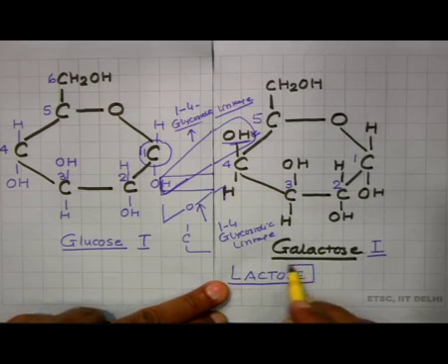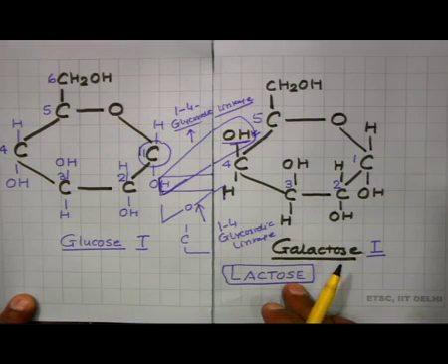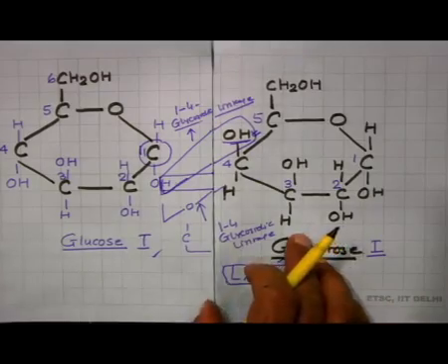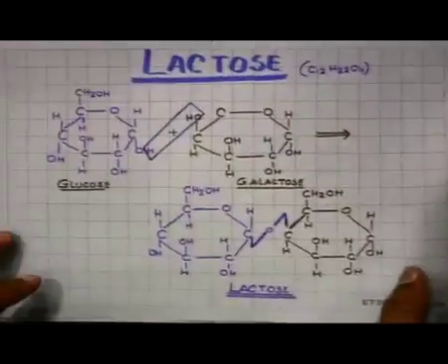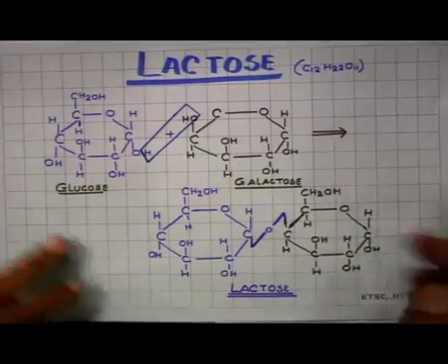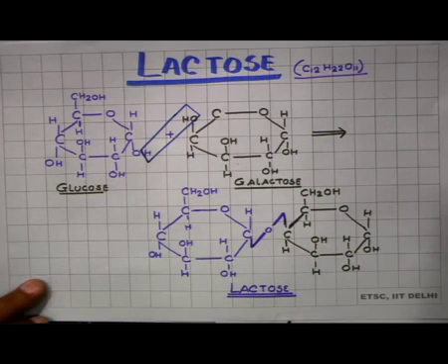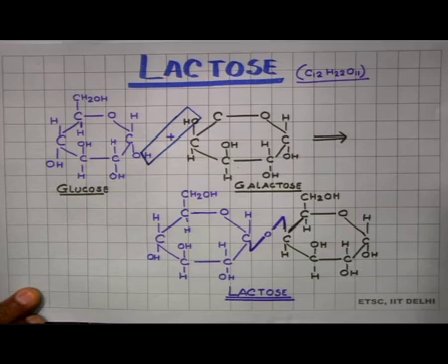At the time of hydrolysis of lactose, when water is added, this lactose is converted into glucose and galactose. So, you see the structure of lactose and the formula will be the same, that is C12H22O11, because at the time of formation of glycosidic linkage, a water molecule is released.